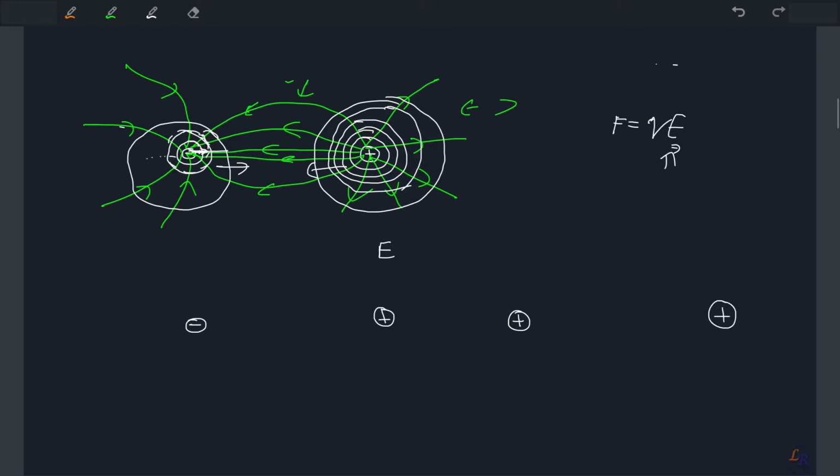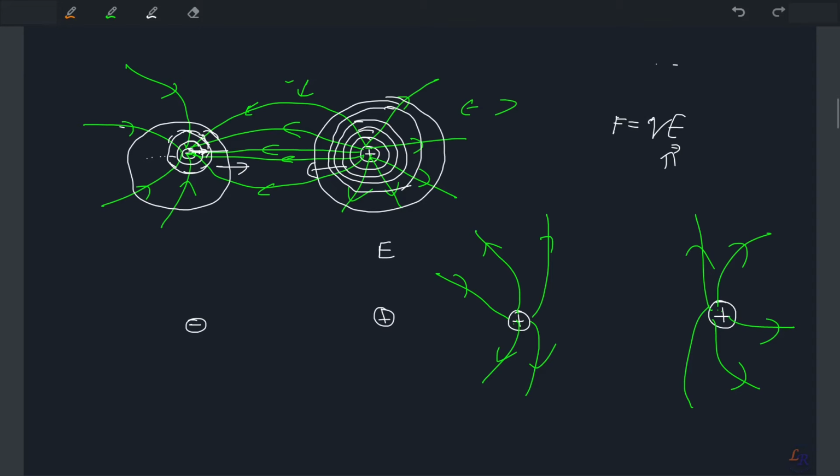The similar concept you can apply, and you can think of the same for two positive charges. To draw equipotential surfaces, with the same analogy, the field lines should be something like this. It would be something like this, the field lines. So if I have to draw the equipotential surfaces, you can see that here the electric field is almost compensated.